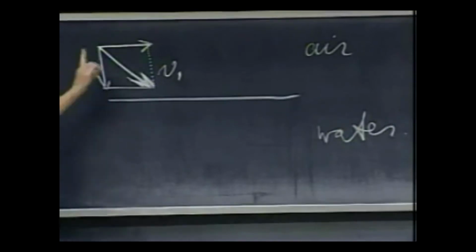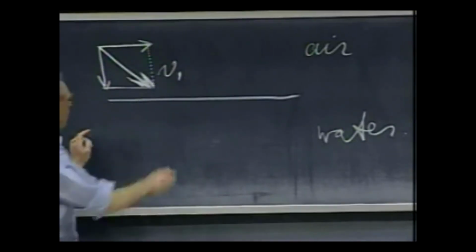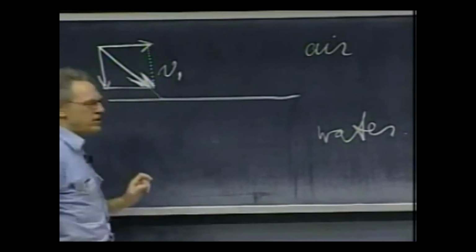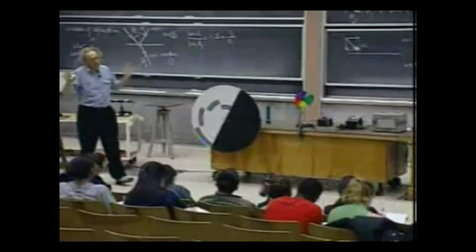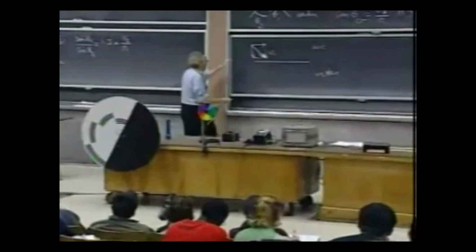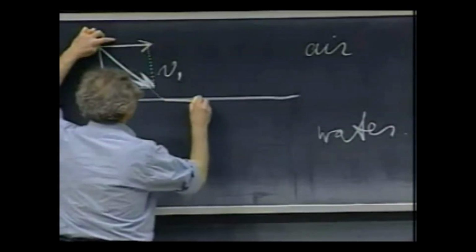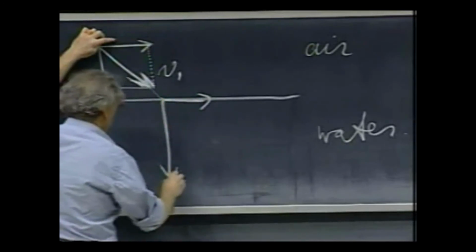And he says if this light ends up in water, at the moment that it reaches the surface, it gets an acceleration perpendicular to the surface. Why? He didn't tell us. But he said it gets an acceleration perpendicular to the surface. In other words, this horizontal component does not change. That remains what it was. But this component changes.